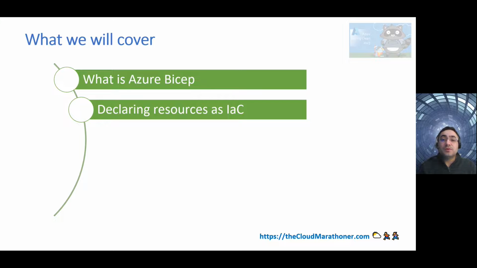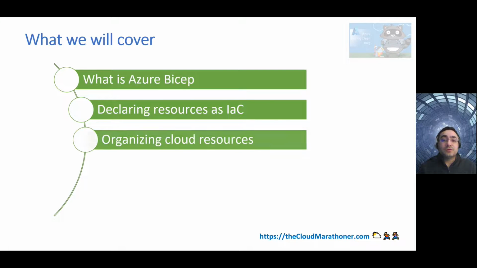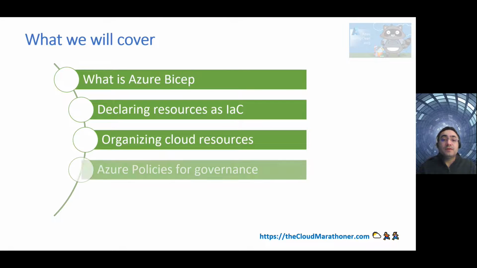Then we'll talk about organizing the cloud resources, and then how Azure Policy will enhance your governance of resources and workloads that you have in your environment. And finally, we'll look into a demo where you can actually apply and use the power of Azure Bicep to manage the governance using the Azure policies, definitions, and initiatives.